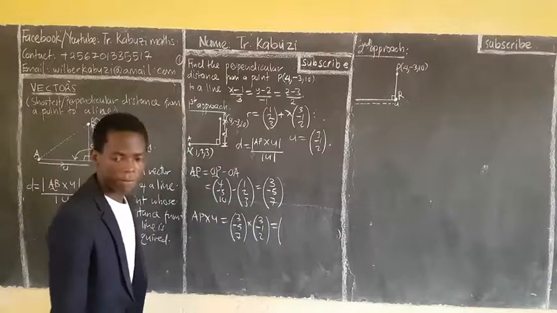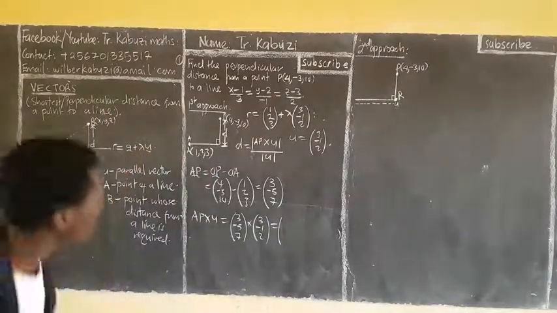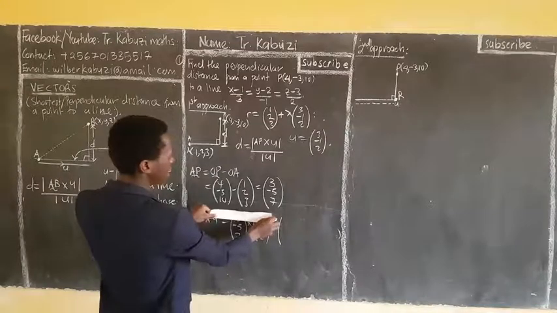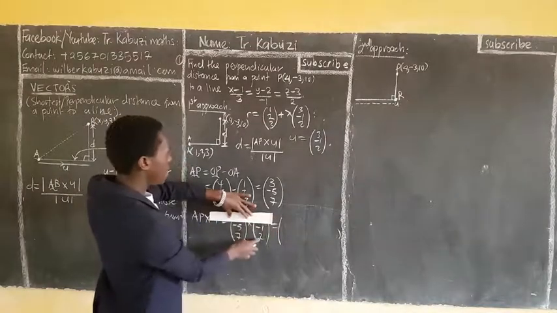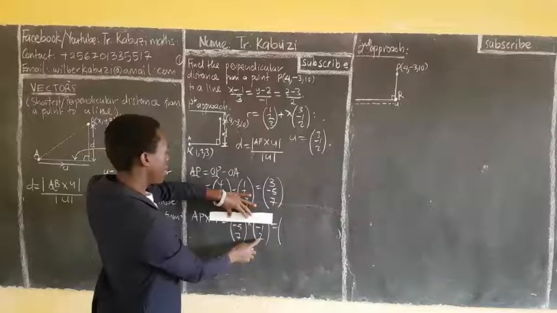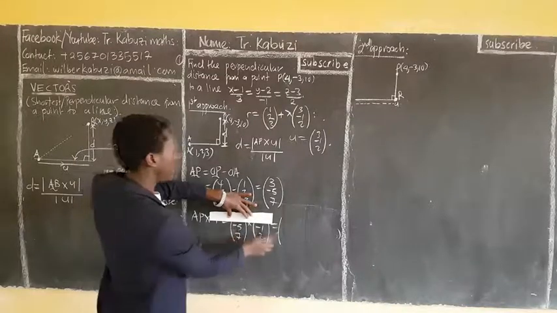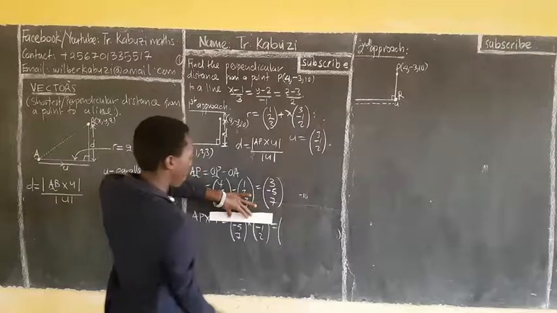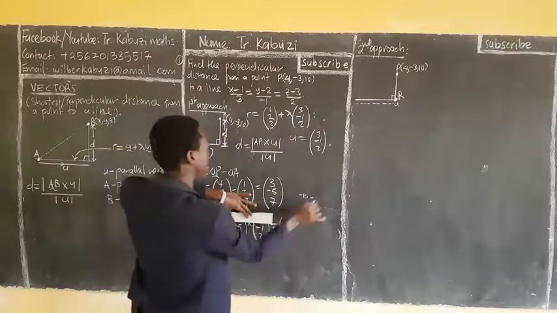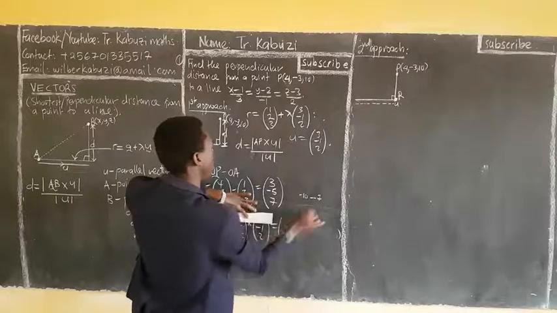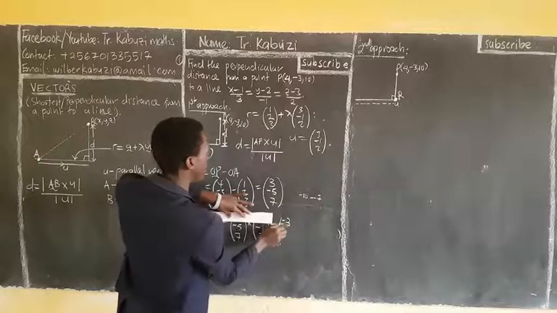If you cover the first column, then you get this: negative 10 minus negative 7, which will give you negative 3.